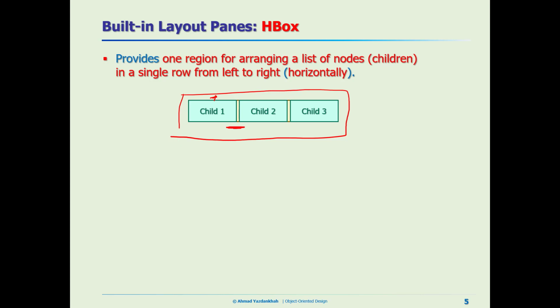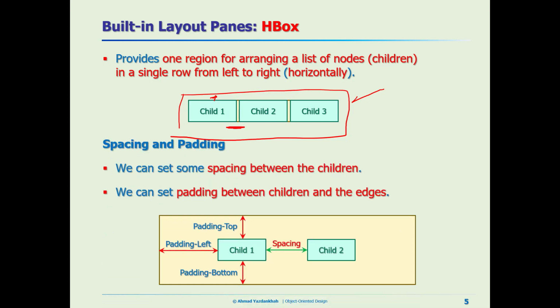So if we want to add something like this, first we need to understand the new concepts of spacing and padding, and then we will be using them in our code. Okay. So spacing and padding. Spacing means that we want to separate the nodes like this.